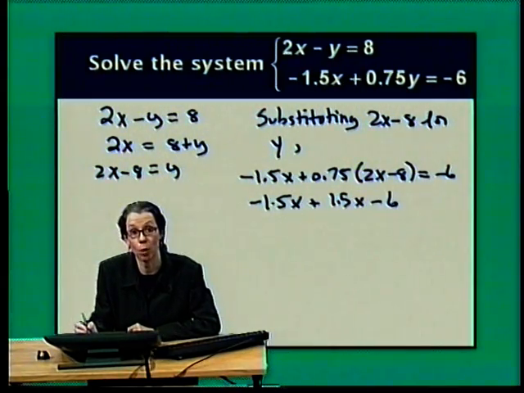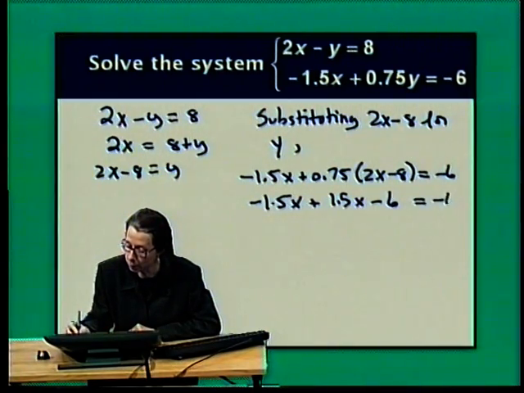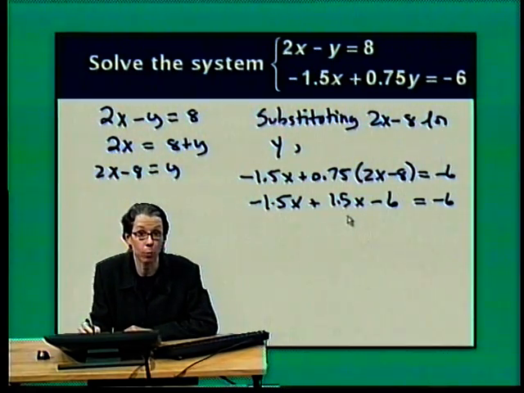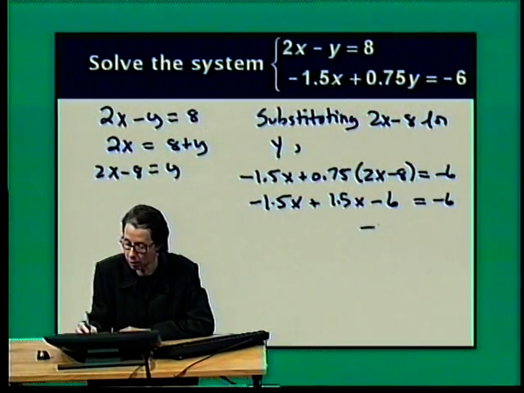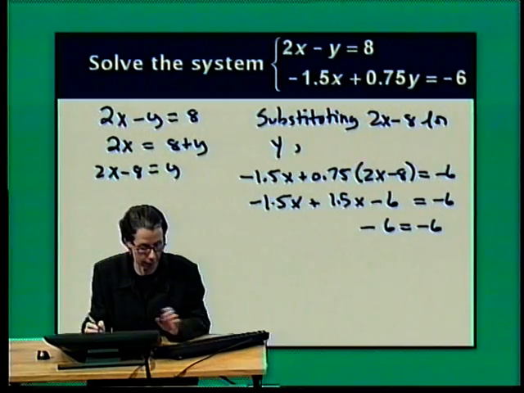I just quickly multiplied 3/4 by 8 to get that, but you can check. Combining like terms, negative 1.5x plus positive 1.5x is 0. So I end up with this statement that negative 6 equals negative 6. Well, that doesn't really tell me anything new. I knew that already. This is an identity.